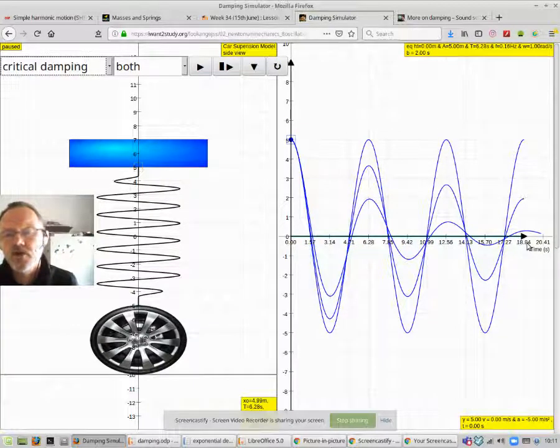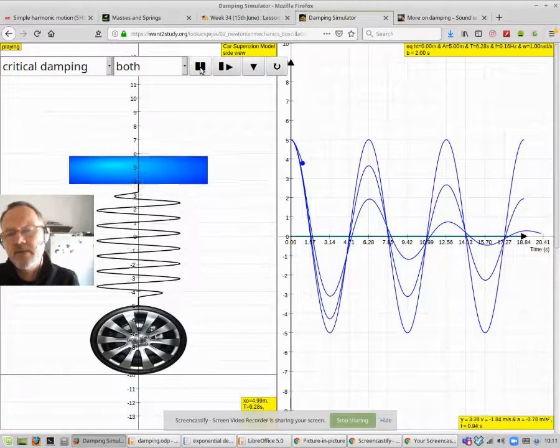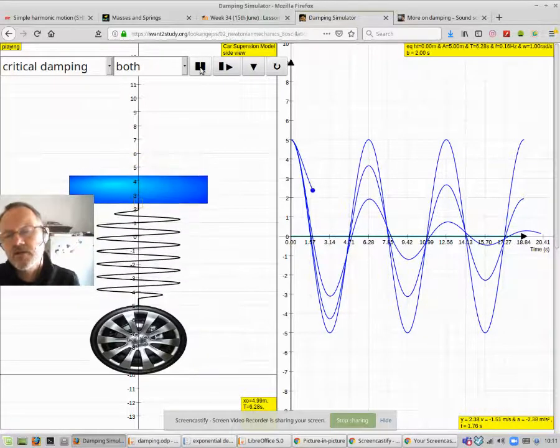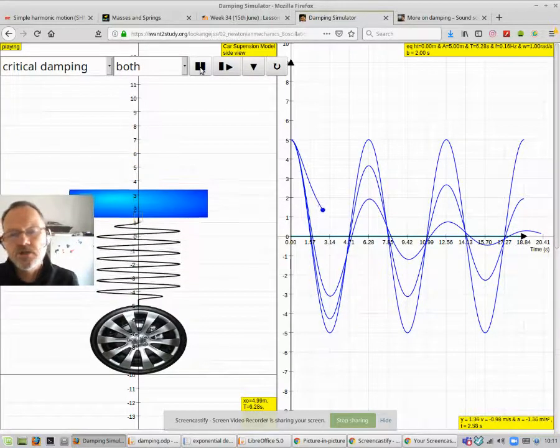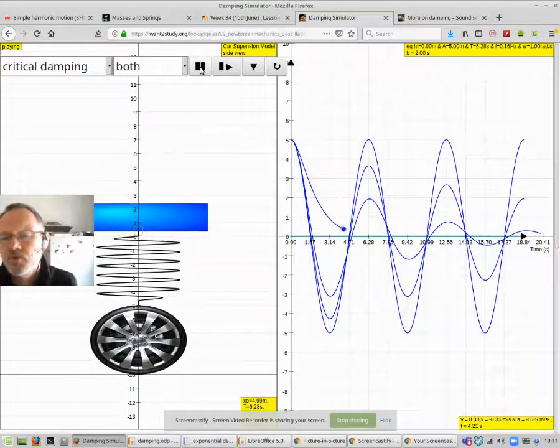We'd much prefer them to die away quickly, but then we don't want it to be too quick. We don't want a sudden change, because that would be very uncomfortable. So critical damping is this one. Critical damping is the damping which causes the system to return to the equilibrium point in the shortest possible time.